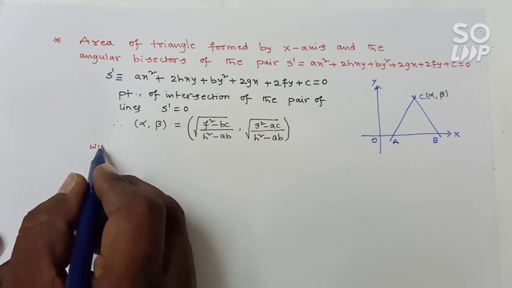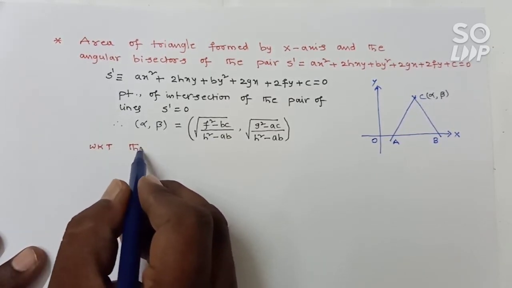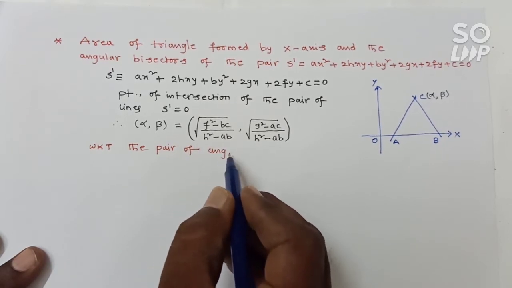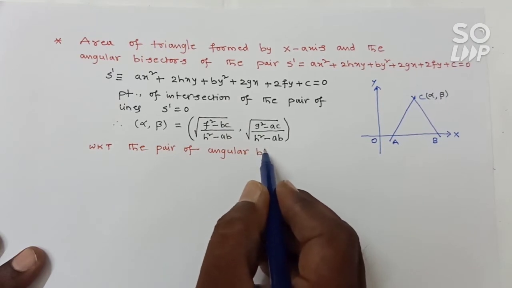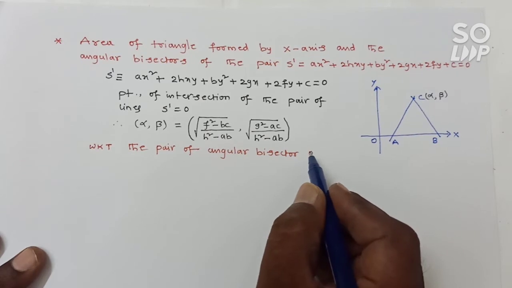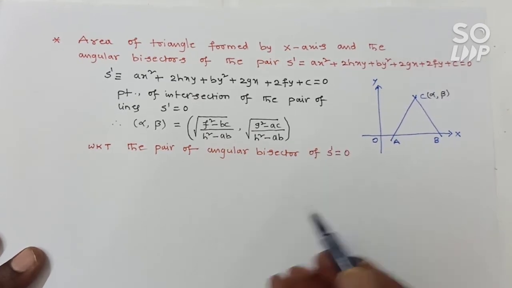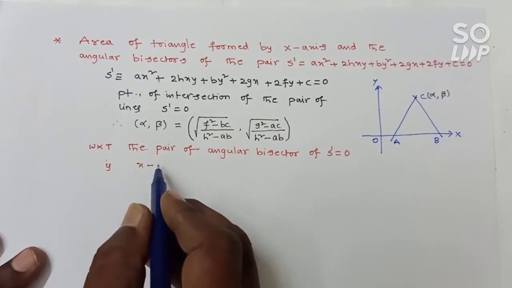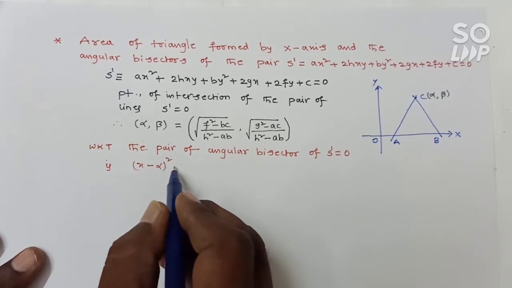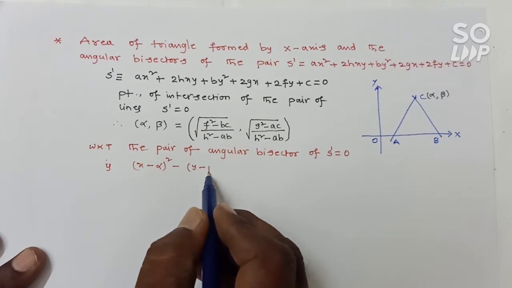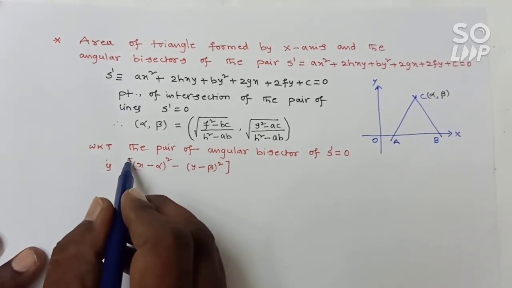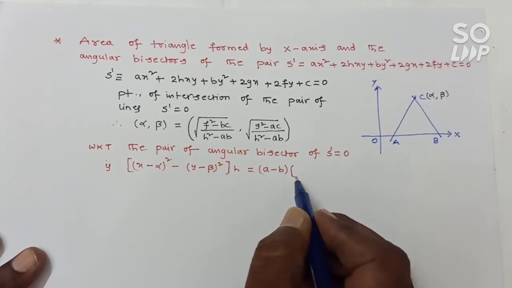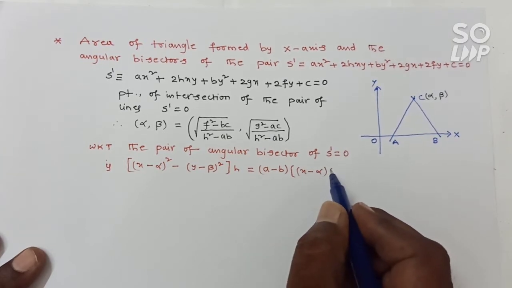We know that the pair of angular bisectors of S' = 0 is given by the formula h[(x - alpha)² - (y - beta)²] = (a - b)(x - alpha)(y - beta).